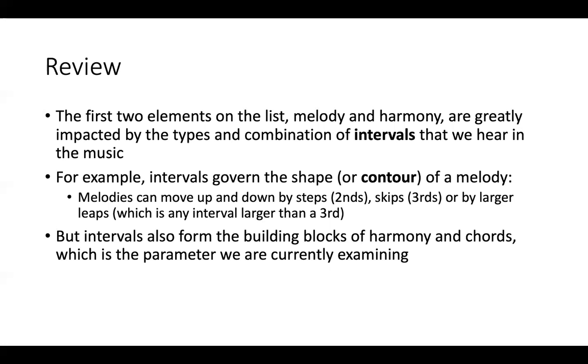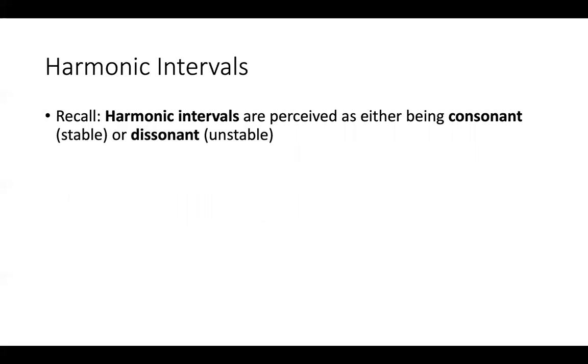But intervals also form the building blocks of harmony and chords, which is the parameter we are currently examining. Recall, harmonic intervals are perceived as either being consonant, stable, or dissonant, unstable.